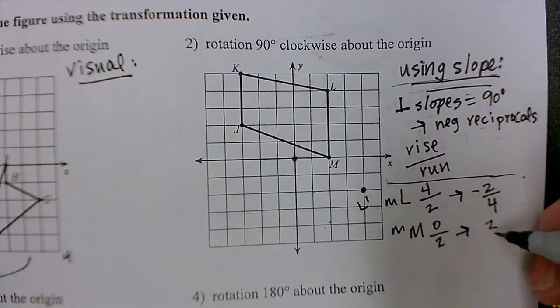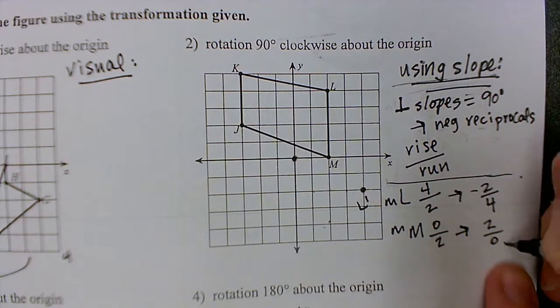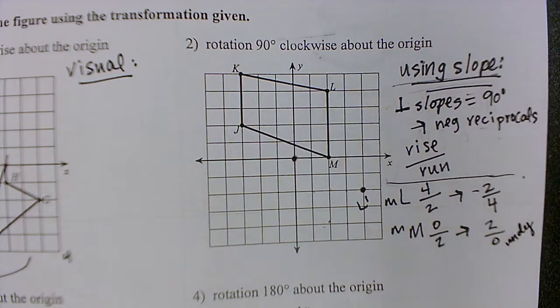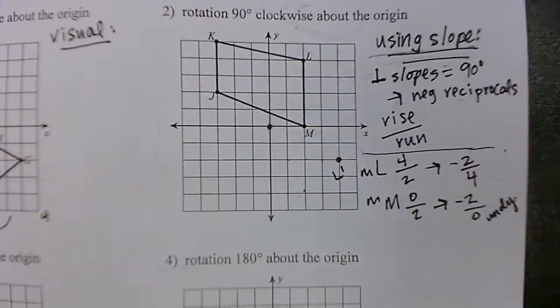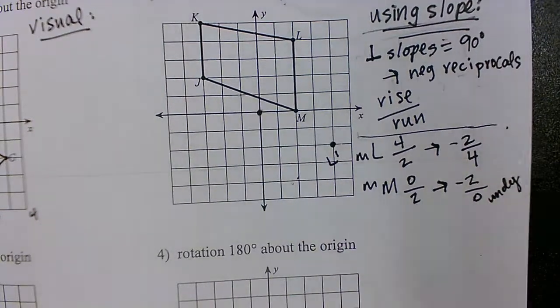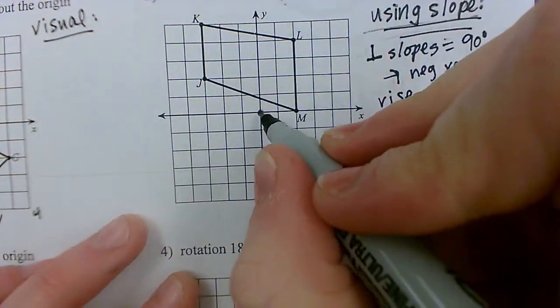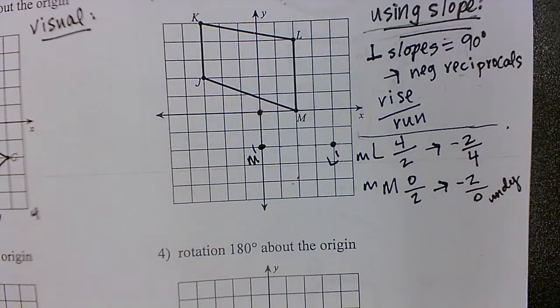If I switch it, I'm still going to keep 0 on the bottom, even though I know that's technically undefined, which is on the vertical y-axis, but I can just use it as a set of numbers there. So negative 2, I'm going to zoom in a little more, negative 2 and 1, or negative 2 and 0, sorry. So negative 2 and 0 gives me point M prime.